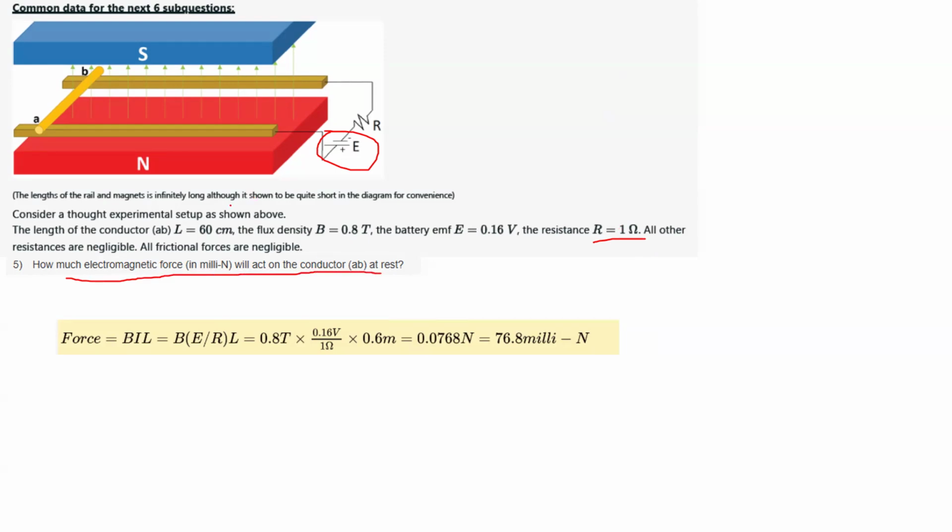Because we are assuming that all frictional forces are negligible, this is a current carrying conductor, so it will experience a force, right?